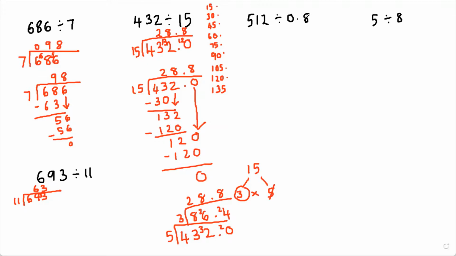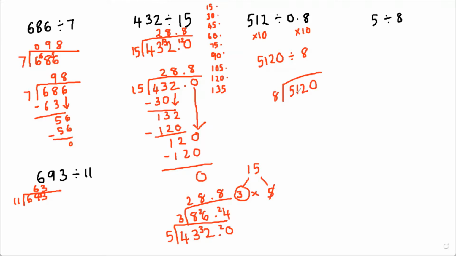So if we do 0.8, to make that into 8, I would times by 10. But if you times by 10 on this side, you must times by 10 on this side. So 512 times 10 would become 5,120, and 0.8 is becoming 8. So now we can do 5,120 divided by 8.